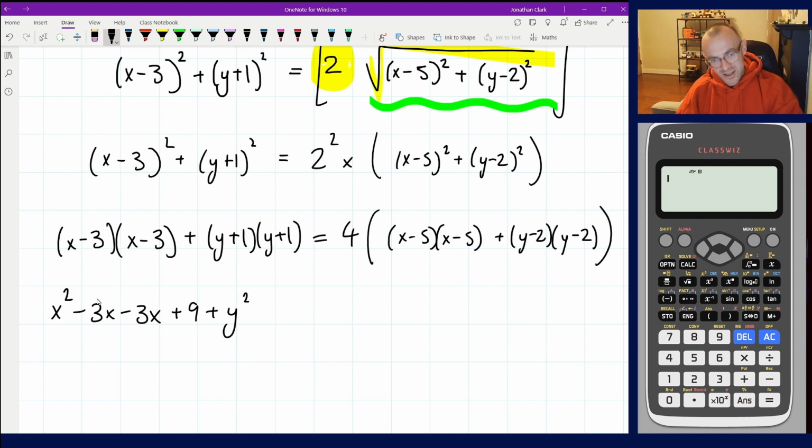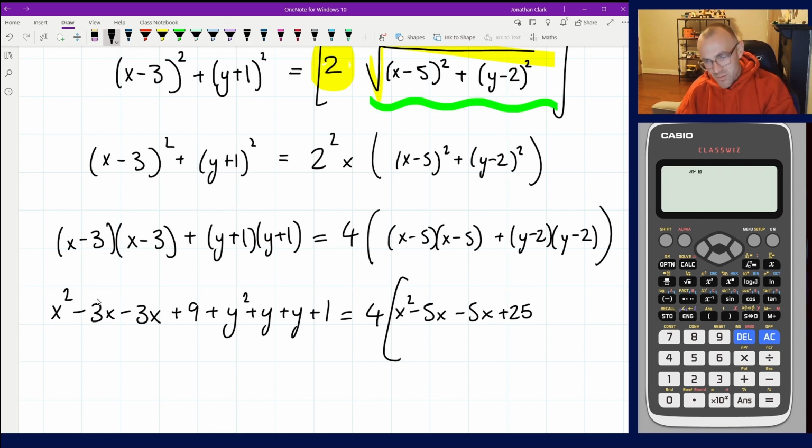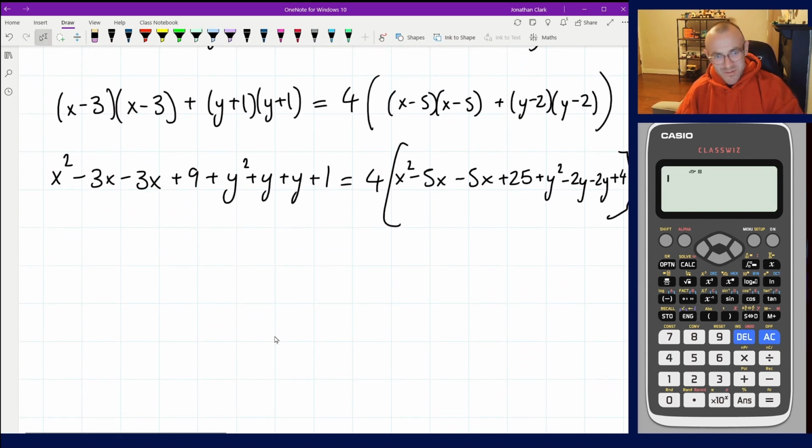Lots of algebra to do in this case. I'm going to deal with the 4 afterwards. Will I be able to fit all this in? That is a good question. We'll find out. Definitely making my writing smaller, that's for sure. Just about. Right, let's combine some terms.